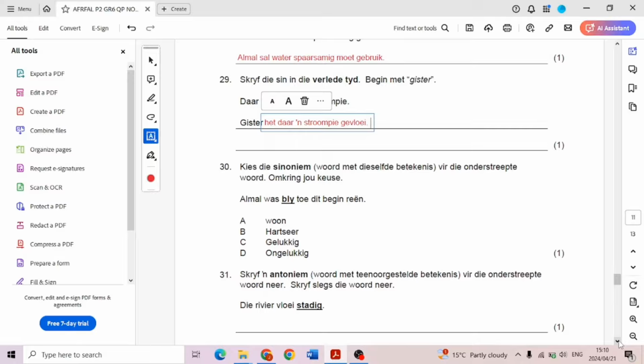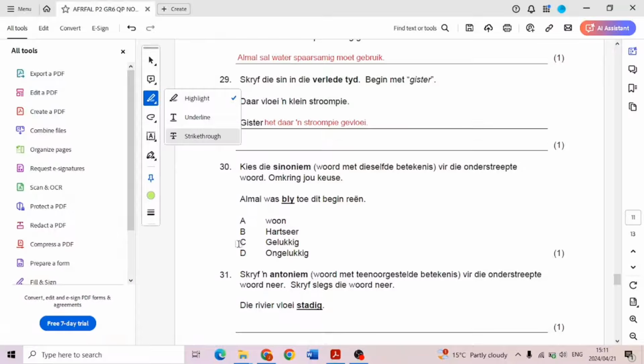Next, kies die synoniem vir die onderstreepte woord. Synonym means the word that is the same. Almal was bly toe dit begin reën, so bly is a happy emotion. So the answer here is number C, gelukkig.